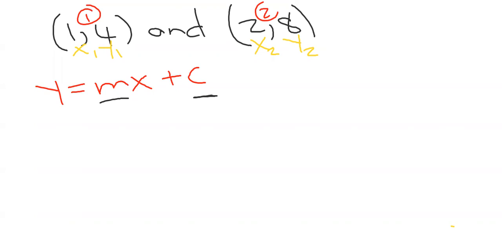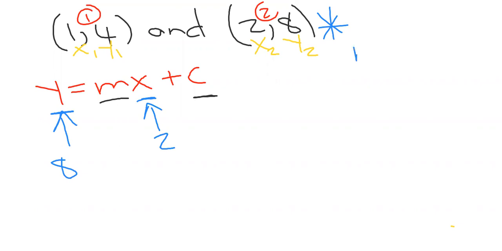I will choose these coordinates. Every coordinate has a value of x and a value of y, so take them and substitute them into your equation. Our y in this case is 8 and our x is 2.